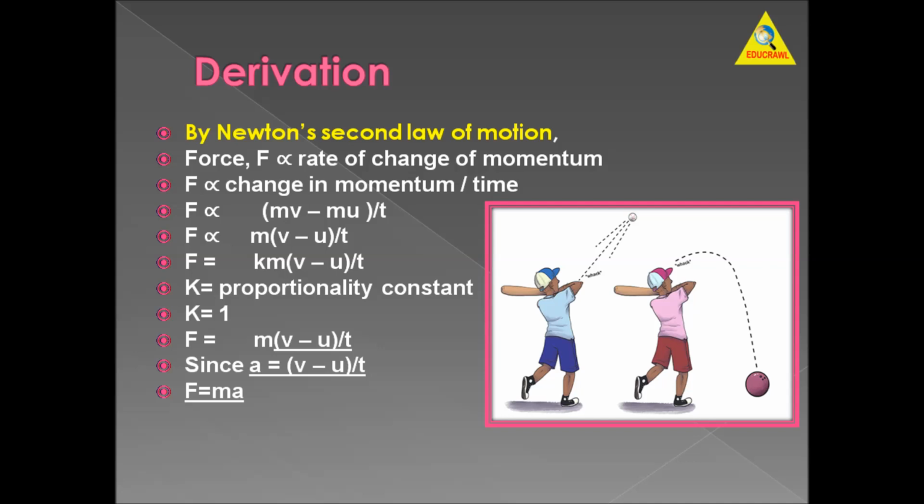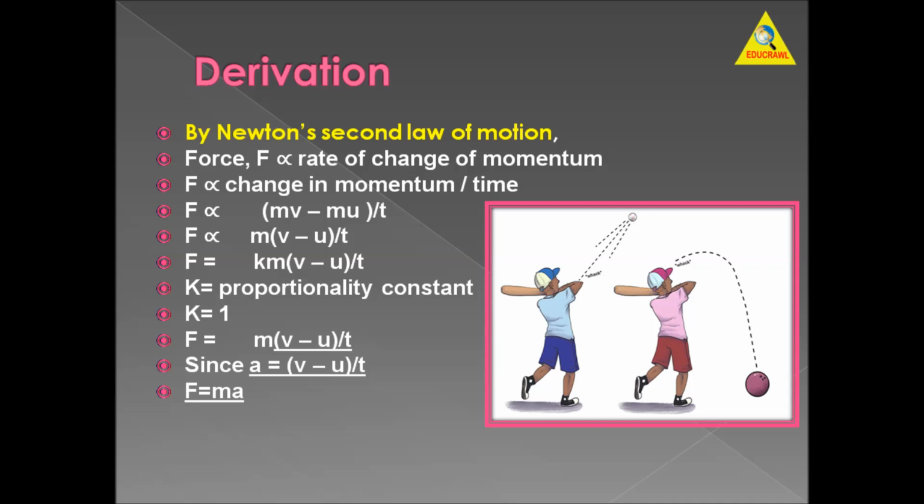Now, using the second law, we are going to derive an expression for force. So, I repeat once again. Consider an object of mass m which is moving with the initial velocity u. After a time interval t, a force is acting on the object. After that force acts, the object is moving with the final velocity v. Now, initial momentum is mu, the product of mass and initial velocity.